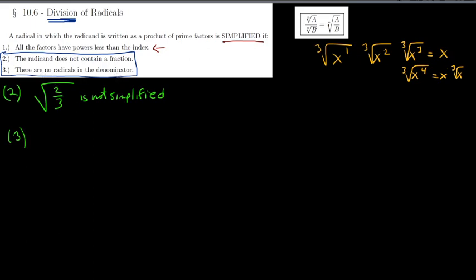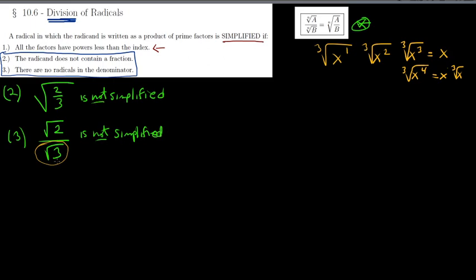So if you decide to split this up and write it as the square root of 2 divided by the square root of 3, and you are allowed to do that by this rule way up here in the top right, rule 3 says you cannot have a square root in the denominator. So this is also not simplified.